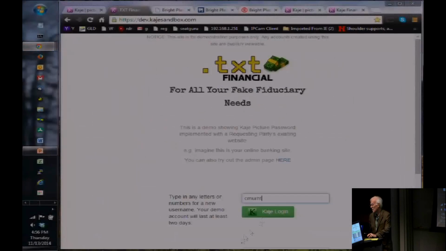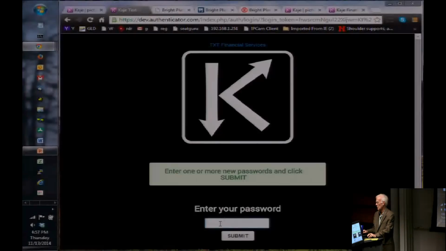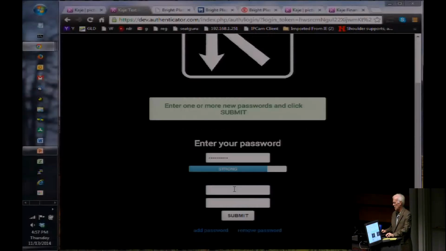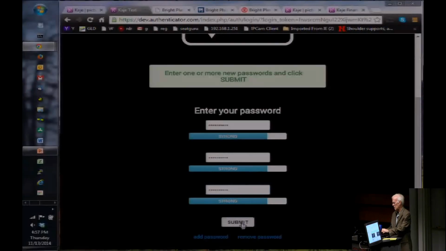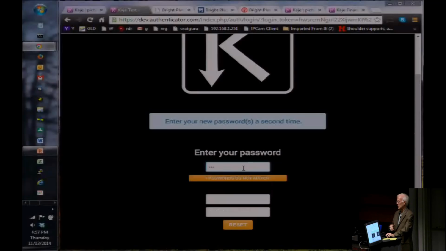So what I'm going to do is sort of demonstrate that. But to do that one, I'm going to actually enter a new password. I'm going to actually enter 3 of them. And so I've now told the system that there are 3 passwords, and it's asking me to confirm them.